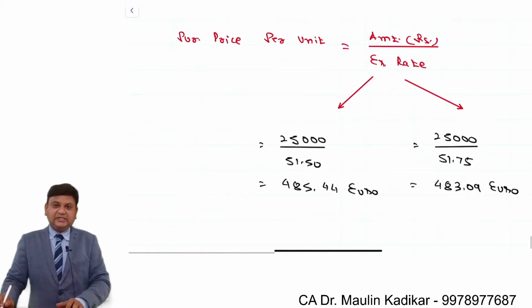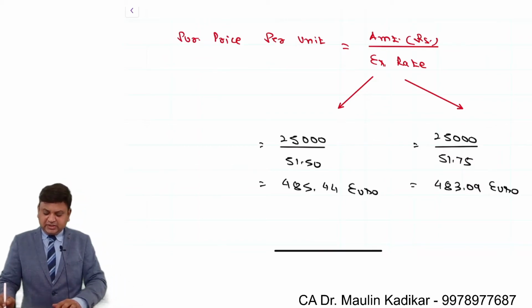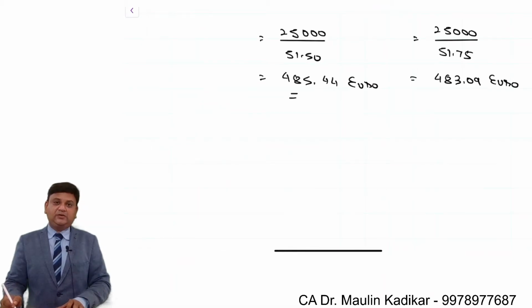So can we say that, from the German company point of view, the price at which it can buy the product is becoming less? Using the A part of the question, the rate at which it was able to purchase the product was 485. Now it is able to buy the product at a lower price.